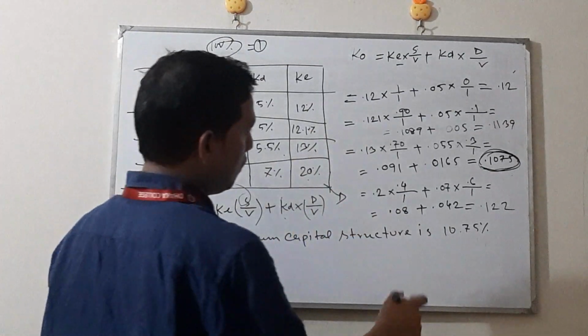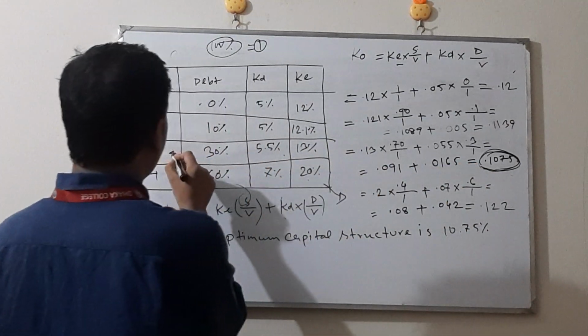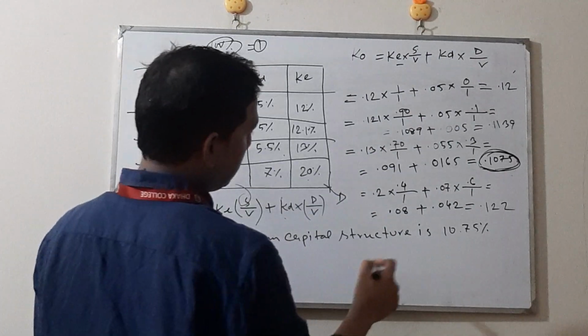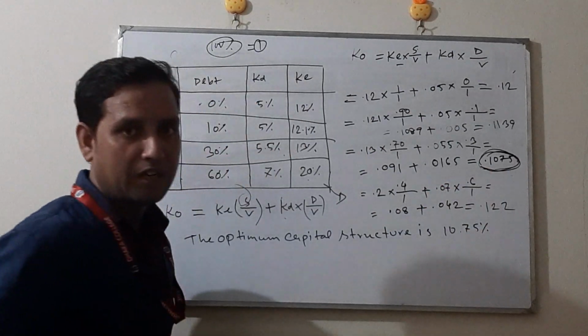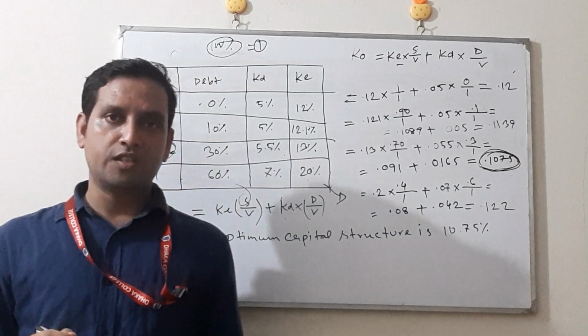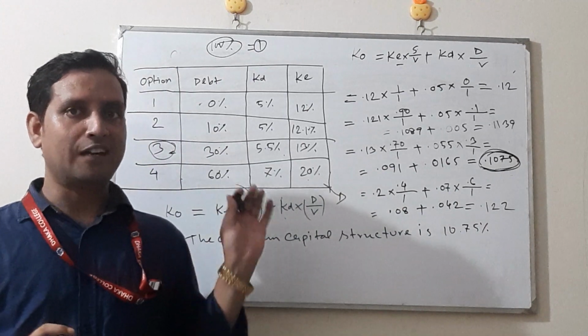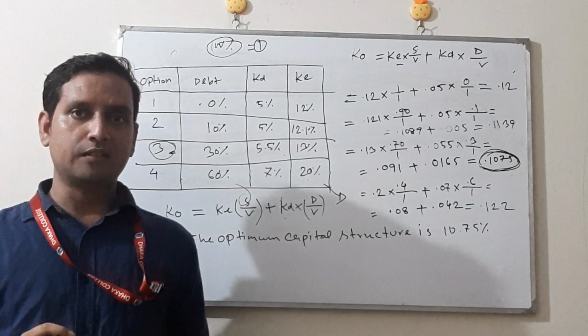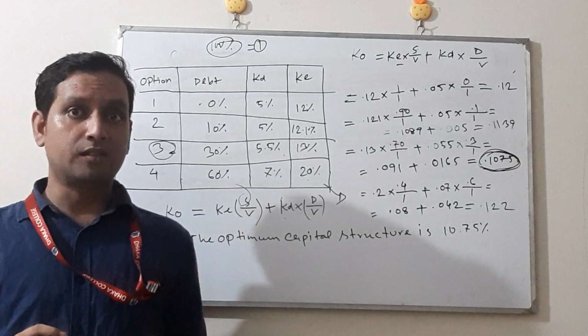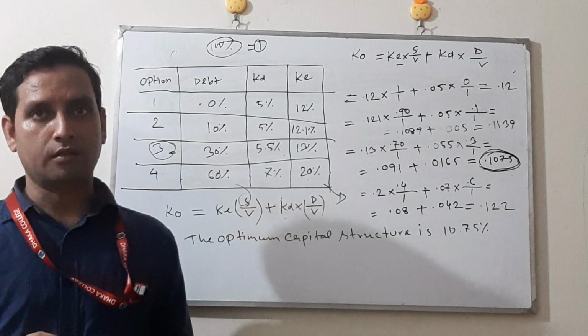So option number 3 is the optimum capital structure. Dear students, I think all of you have realized this, and next class I will take a math on this pattern. Thanks.